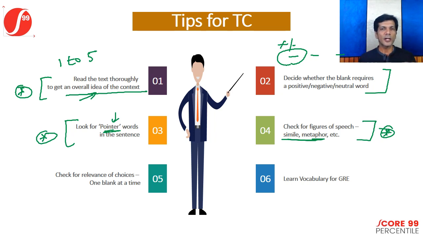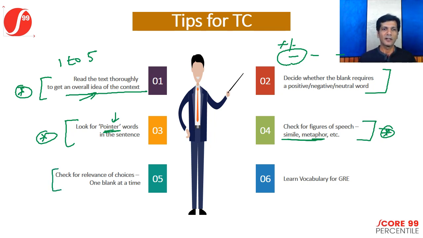Now, when you do your exercise at the end of the strategy session and at the end of the other sessions, you will be able to understand how text completion can test you on usage of similes or metaphors given in a text, and what that particular simile or metaphor means can play a role in what word should fill the blank as such.